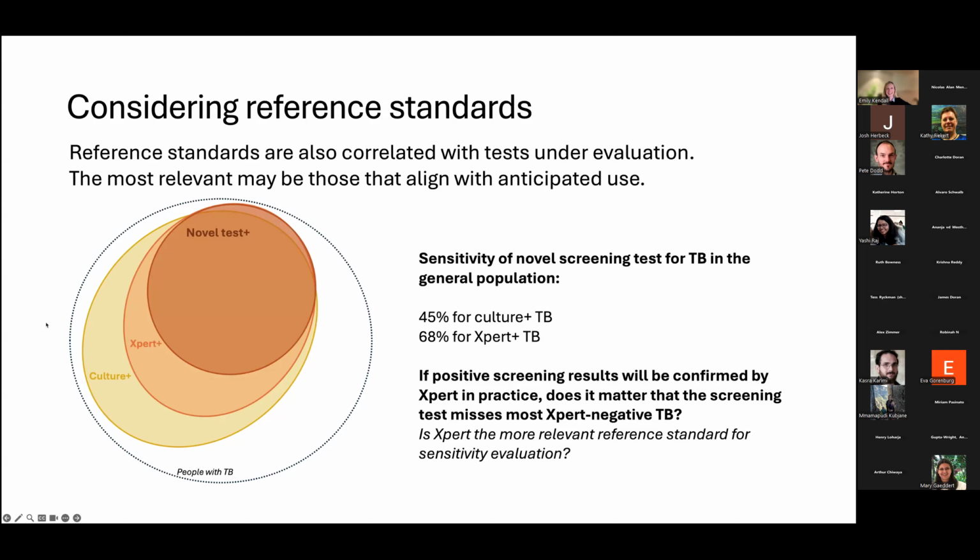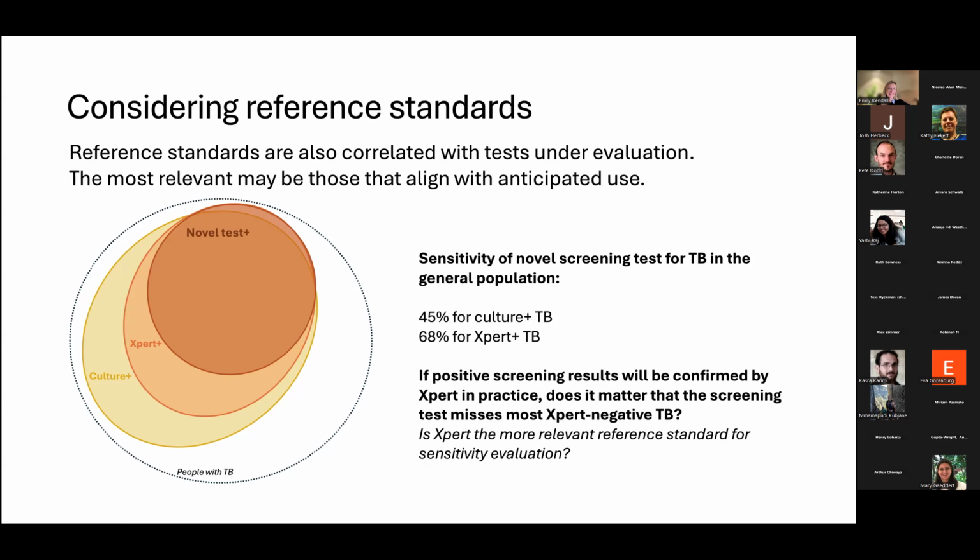We don't have a test that can detect this overall circle of people with TB, and even culture, or some kind of clinician judgment, whether it's sputum culture or some kind of composite reference standard that also includes clinician judgment, we don't have a test that cleanly identifies this outer circle of people with TB perfectly. And our reference standards are also correlated with an index test that we might be evaluating or with a diagnostic test that we might be applying.